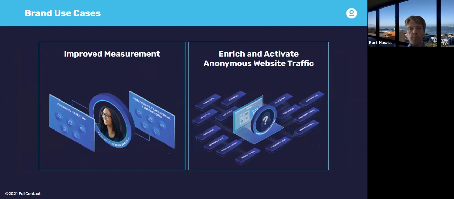We talked about improved measurement. And if you think about taking a previously siloed and channel-based view of measurement. So for those of you who've engaged in, let's say, some kind of digital advertising, as well as email marketing and direct mail, what happens generally is if you take the sum of all the attributed channel-based conversions, right?